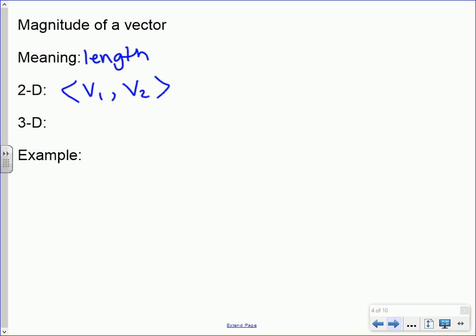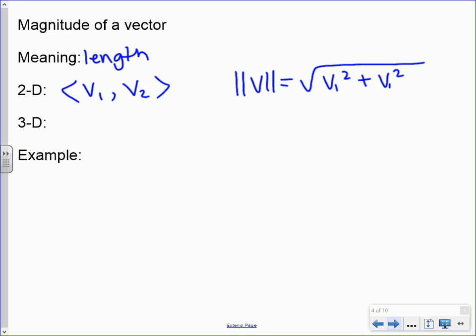It does have to do with the Pythagorean theorem. The magnitude of a vector is the square root of a squared plus b squared, essentially. So we take the horizontal component squared plus the vertical component squared and square root it.